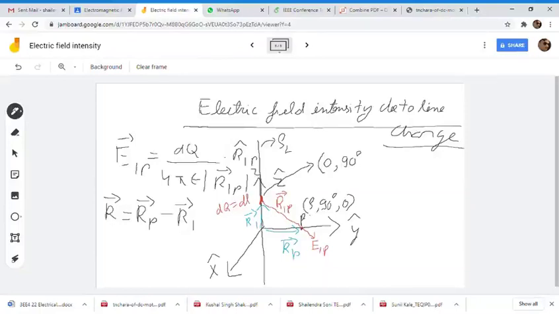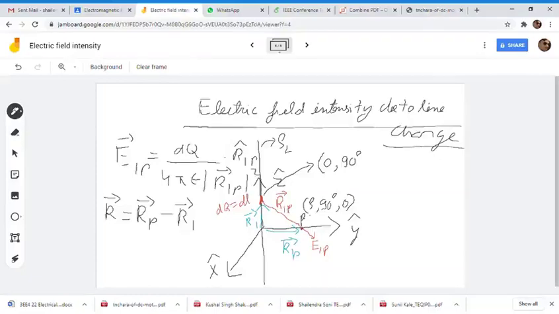And if you remember in our last class, when the class was interrupted, I took this angle to be 0 degree, but if you see, by taking 90 degree as well, the point remains on the same axis and location. Just the angle of view is different here. So it doesn't matter whether the angle is 0 or 90 degree.